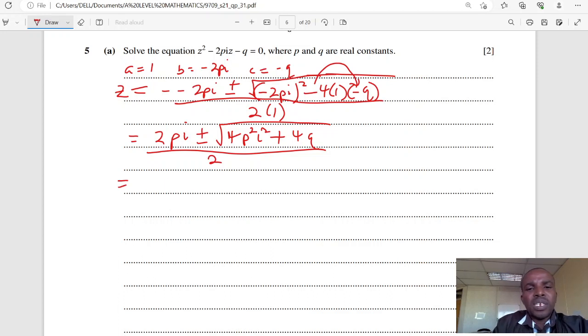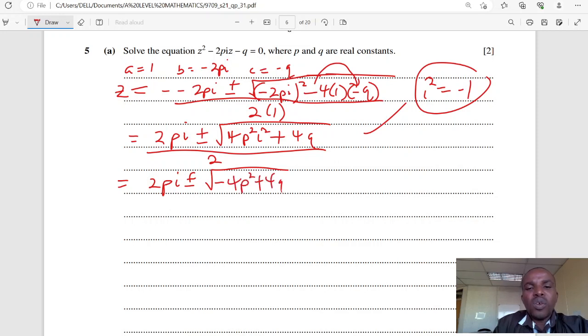Right, let me simplify using i squared is equal to minus 1. I can simplify inside the square root. It will be 2pi plus or minus root of negative 4p squared plus 4q, all over 2, like this. Then this can be simplified further.